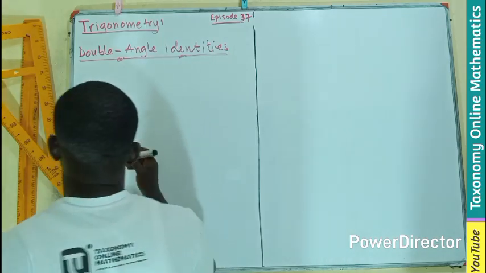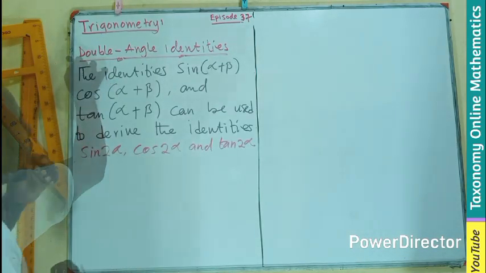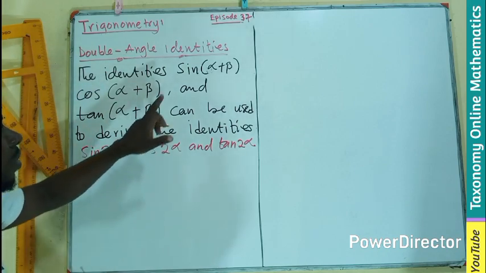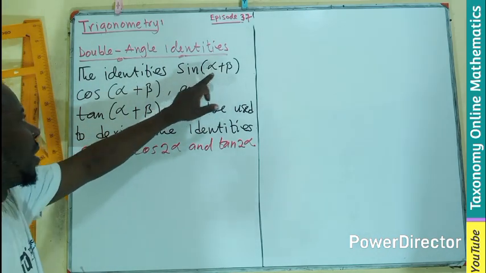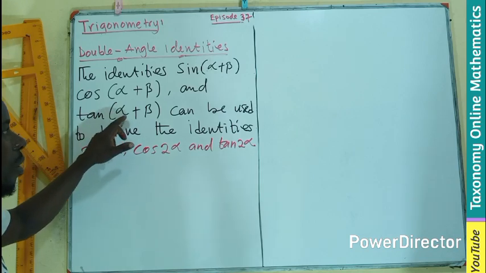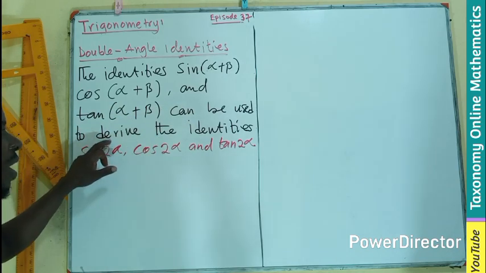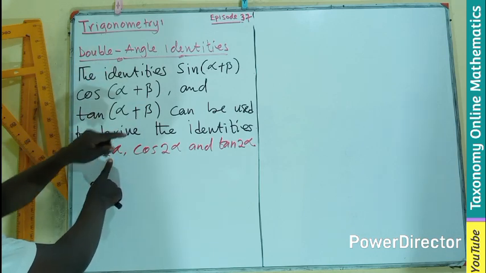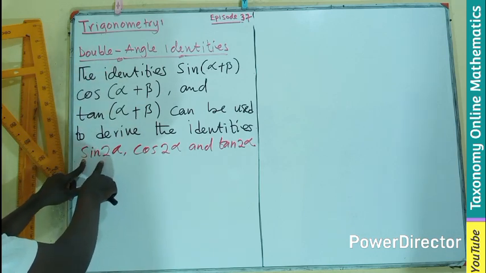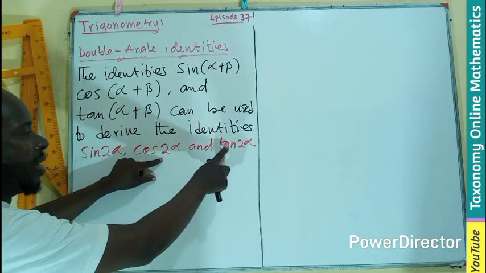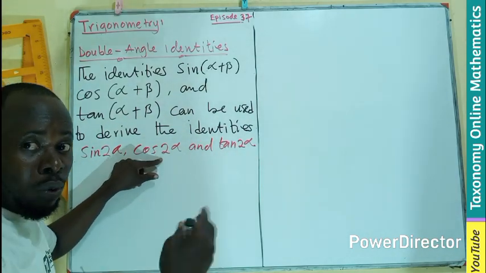These identities that we have previously under compound angle, the sine of alpha plus beta, the cos of alpha plus beta, and the tan of alpha plus beta, can also be used to derive the double angle identities, which are sine 2 alpha, cos 2 alpha, and tan 2 alpha. These are the double angle.